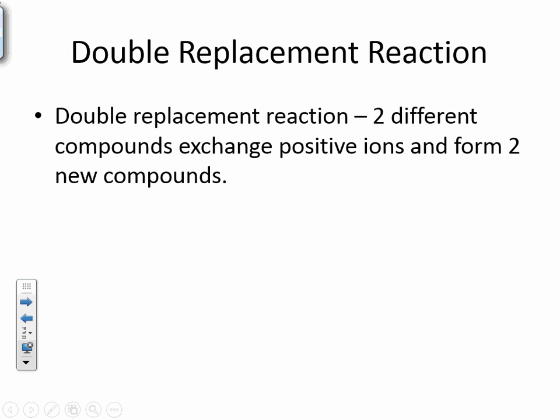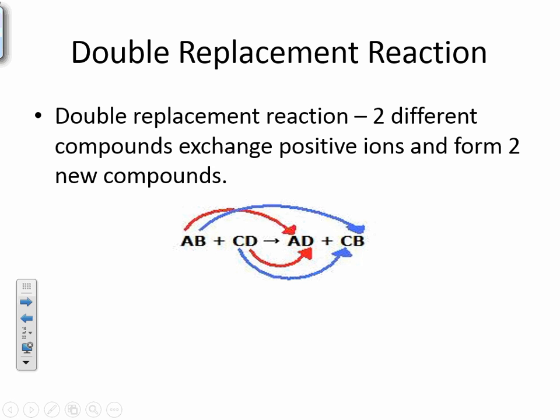Now, we can get a double replacement reaction. What do you think a double replacement reaction is? A single replacement was one element switching places. A double replacement is going to be 2 different elements or 2 different compounds switching places. I wish we had the colors here, but look what happens.